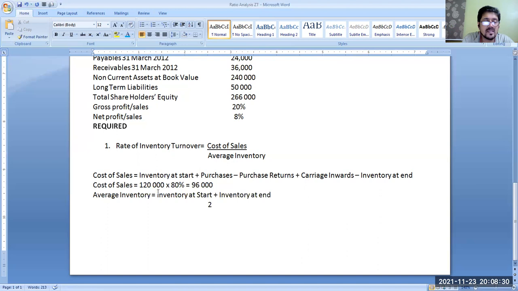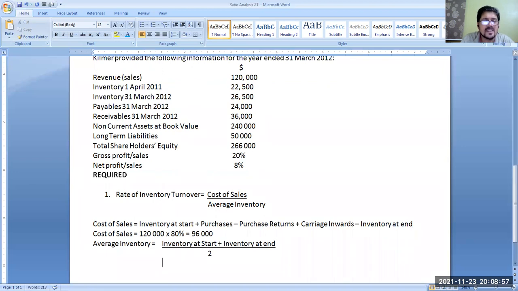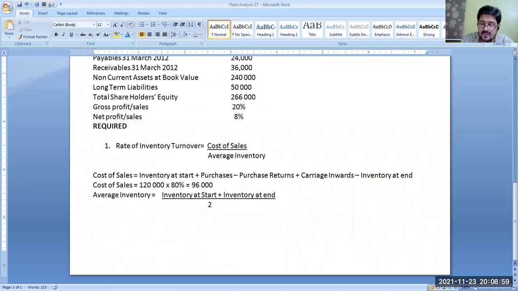In this question, inventory at start is given: 1st April 2011, 22,500.